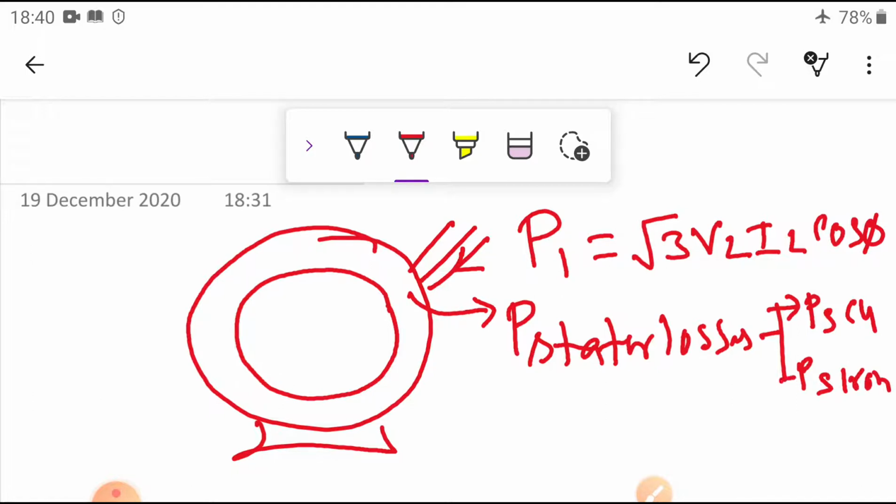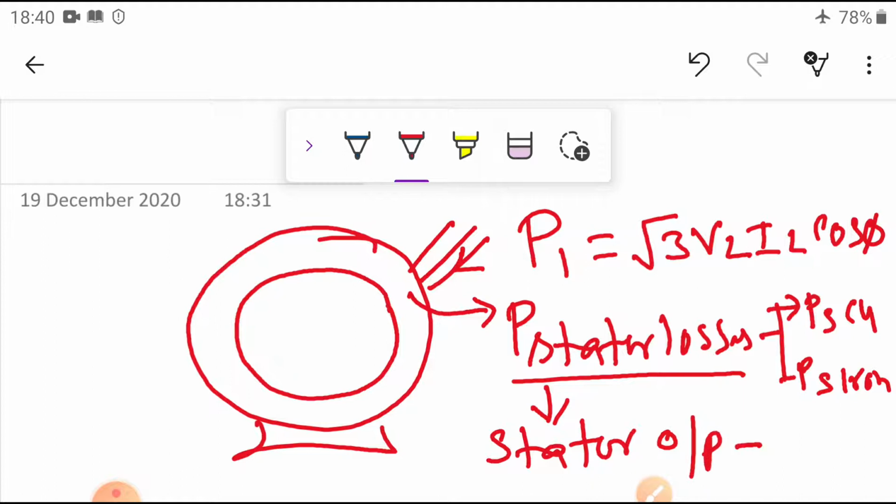So P1 minus these stator losses, we are going to get the stator output, which is equal to P2. So that P2 enters into the rotor.